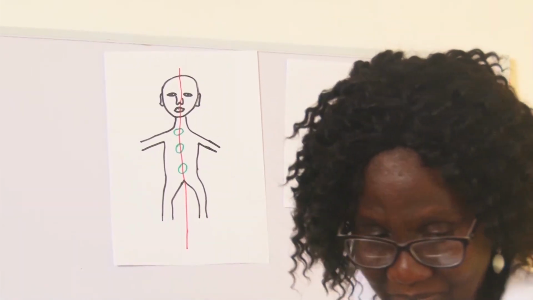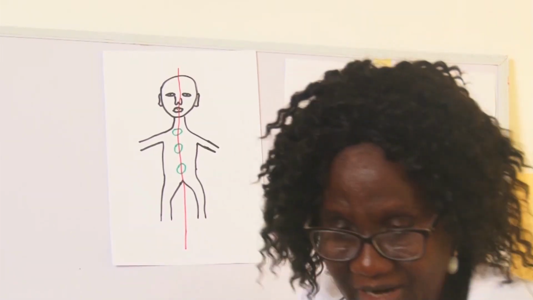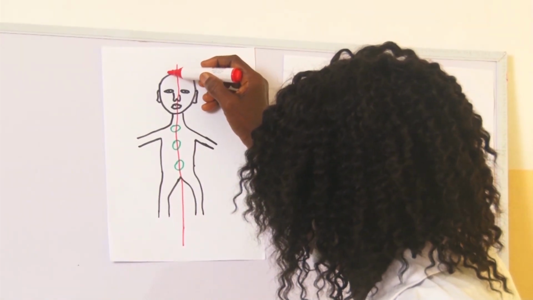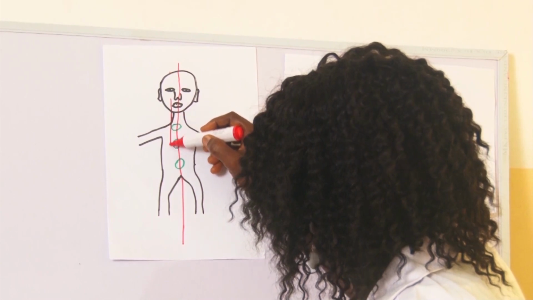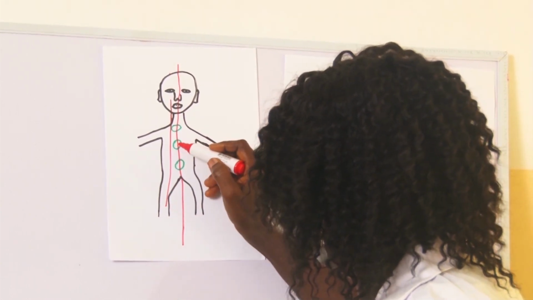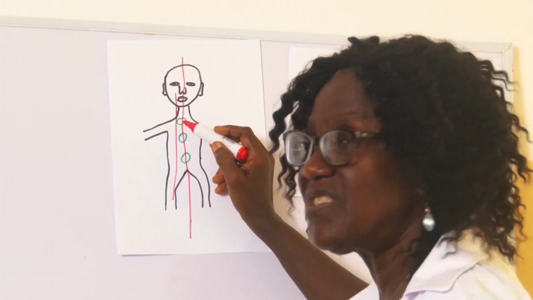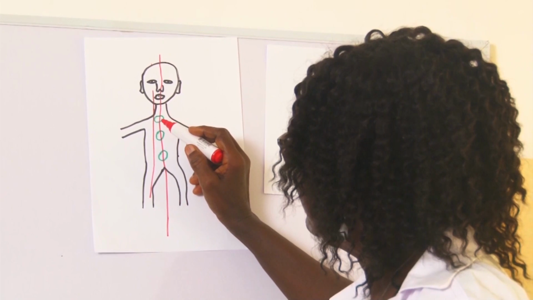If the cut is made along a different plane, or not through the symmetrical line, let's say a cut is made around through here, we will not be able to see these structures. So what you see depends upon the plane you cut.